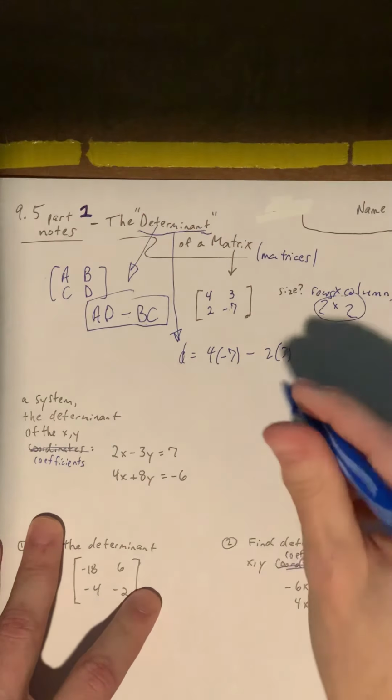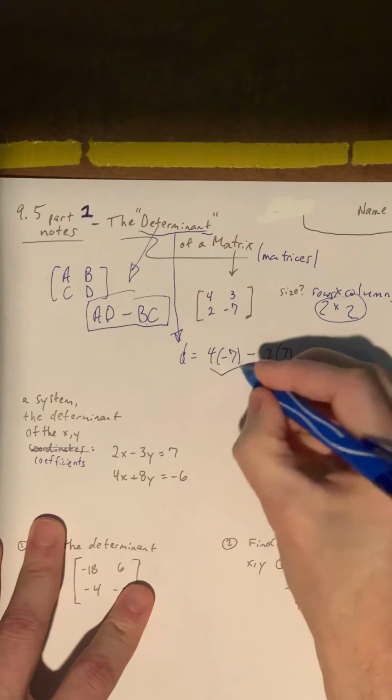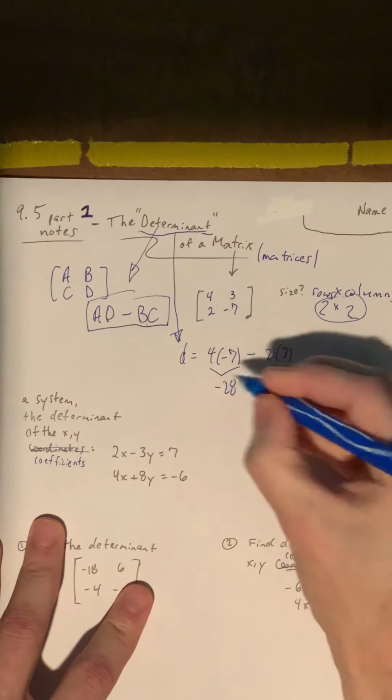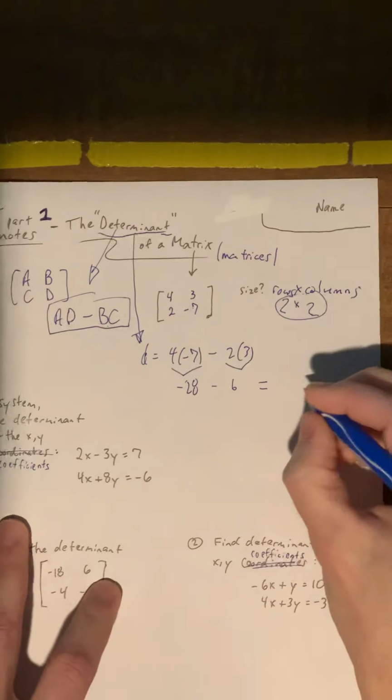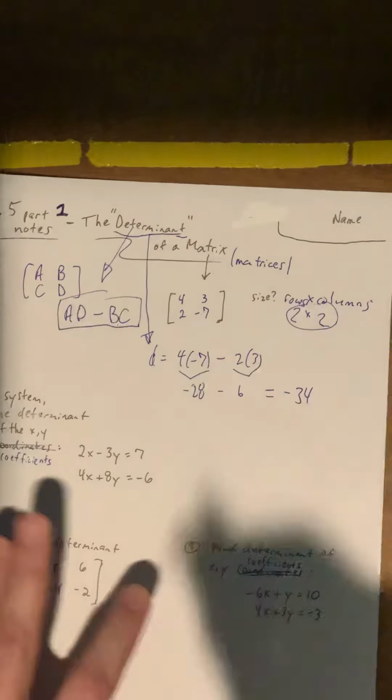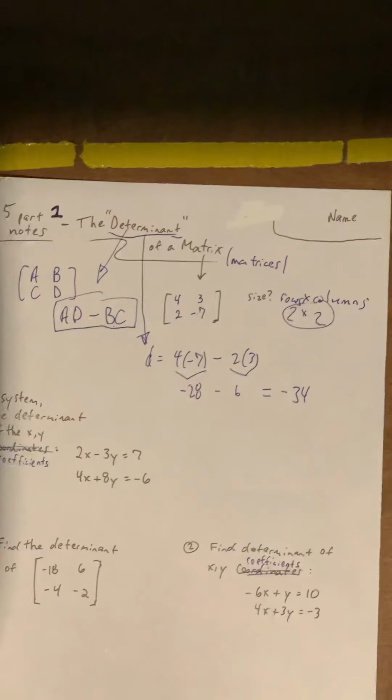And then you just evaluate this, figure out what it is. So you get -28 minus 6, that is -34, which is your determinant value. So you always get a final number when you have the determinant. Sometimes it's negative, like in this case. It could be positive, it could be 0. It just depends, okay?